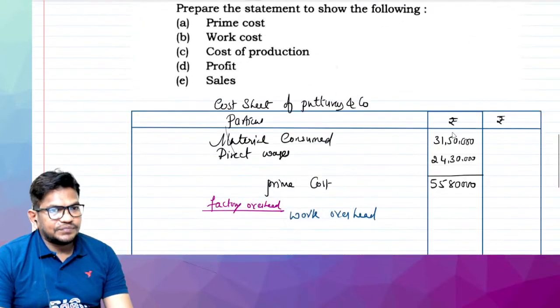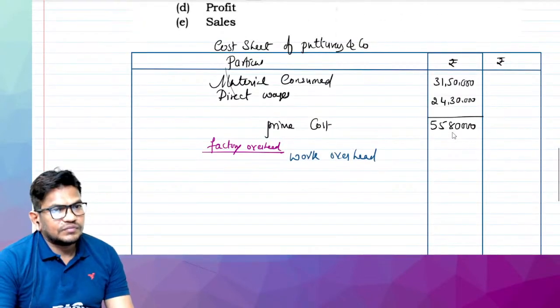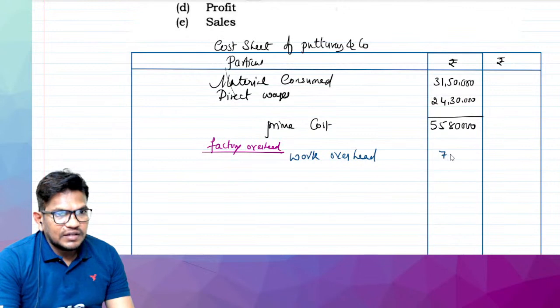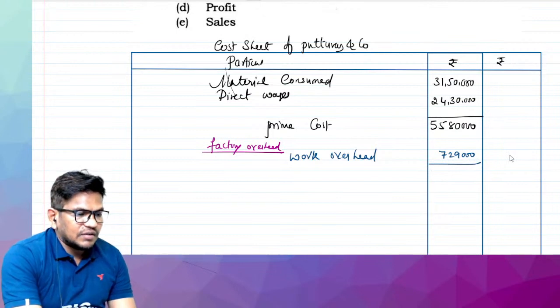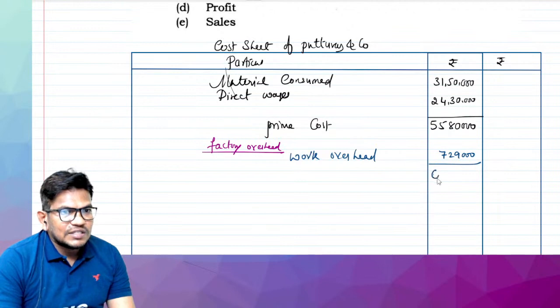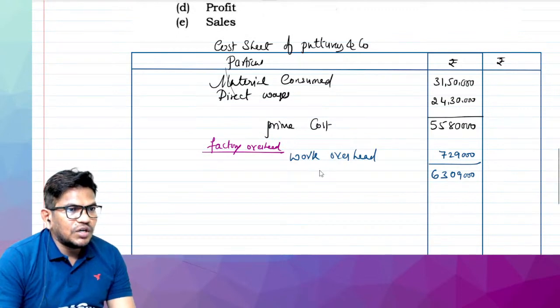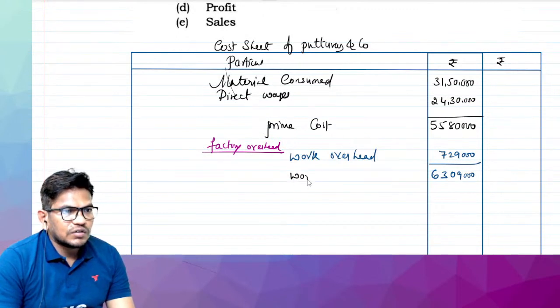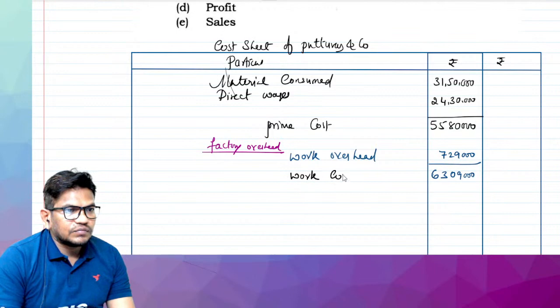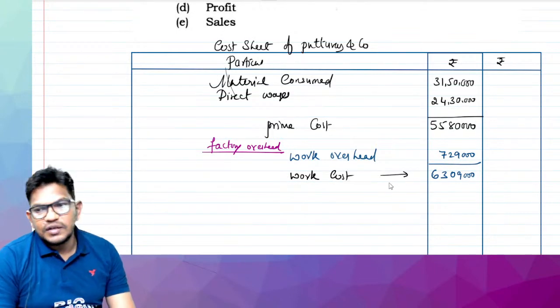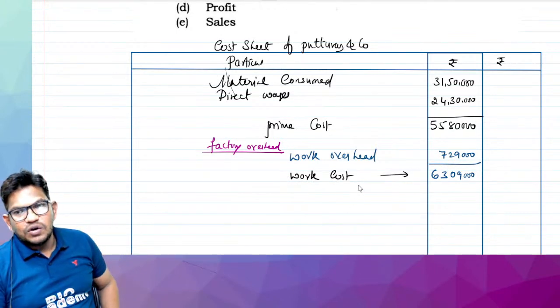Plus 7,29,000, how much will it be? 63,09,000. So this is your work cost.